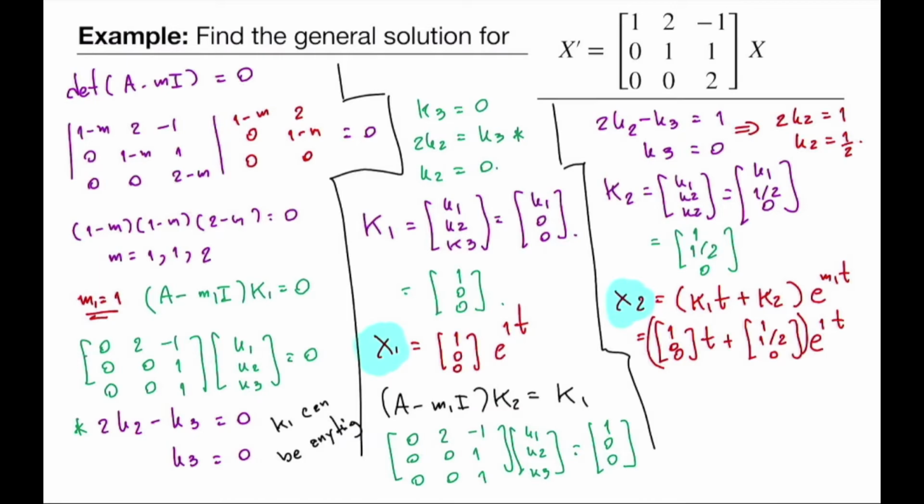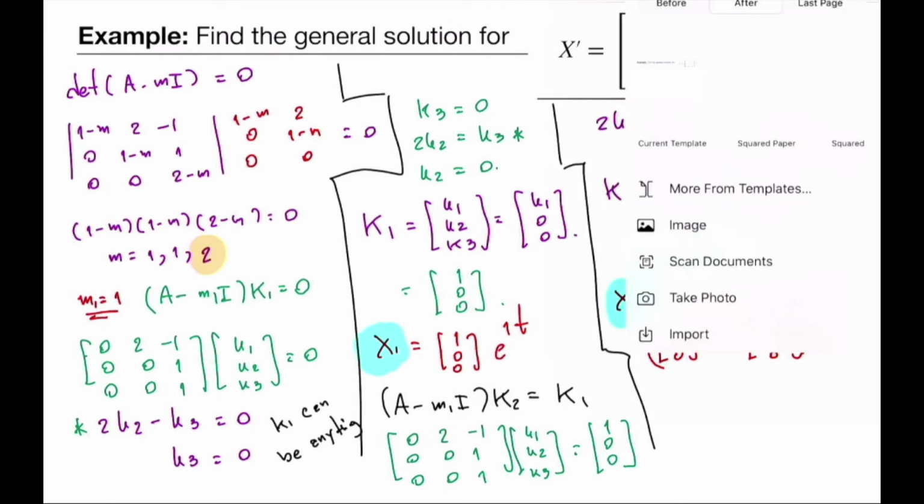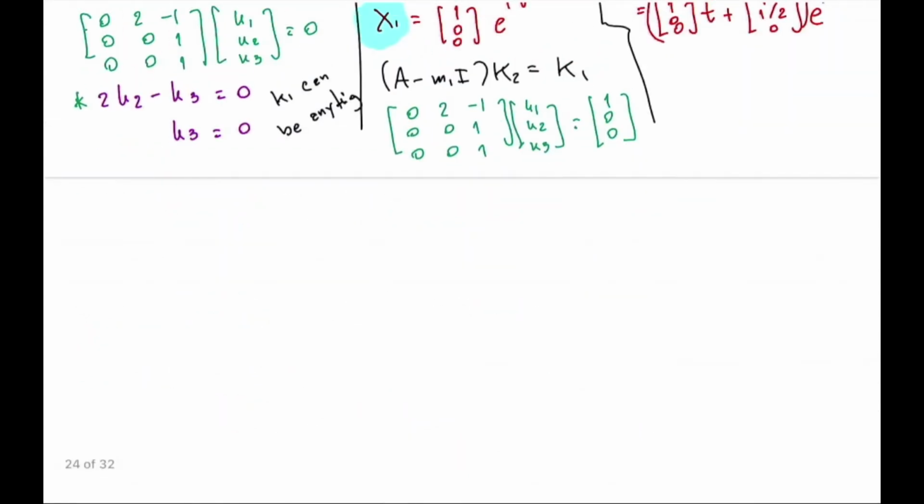But guys, don't forget we still have another m, which is 2, right? M is 1, 1, 2, so we need to have x1, x2, and x3. x1 and x2 are from m1 equals 1 and m2 equals 1, and then we need to look at the case when m is 2.